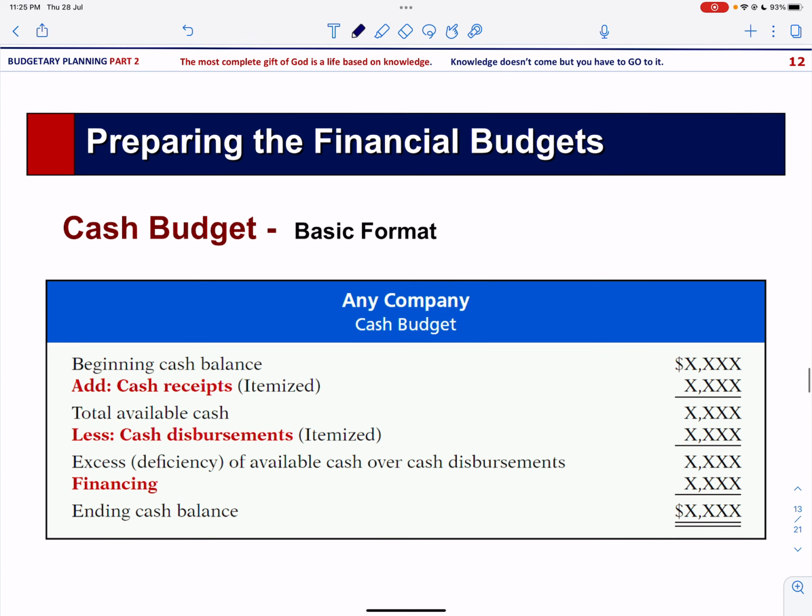Now, cash is vital for any business. That's why this budget is often considered to be the most important financial budget. The cash budget shows anticipated cash flows. The cash budget contains the beginning cash and ending cash balances, and the three sections: cash receipt, cash disbursement, and financing, as shown over here.